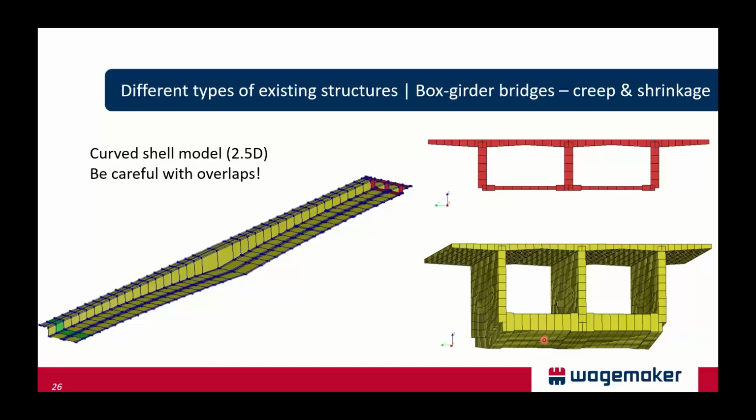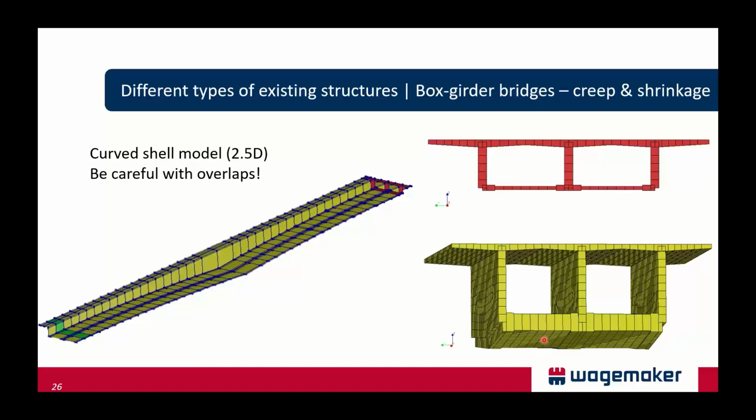So for doing models of this size and with these kinds of structural element thicknesses, it's not necessary to make a full solid element model. So we decided to go for curved shells, which we call 2.5D. This works fine, actually.